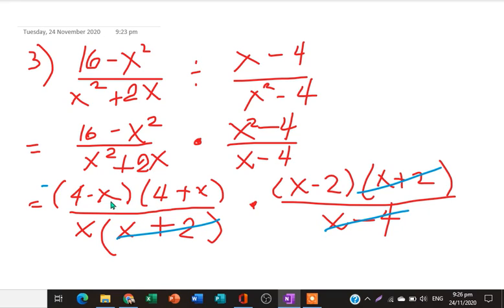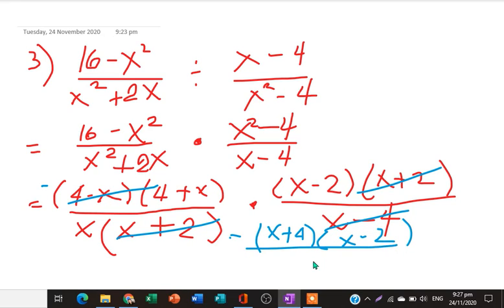So therefore, they are now the same. But we have here a negative sign. So therefore, the answer now is negative x plus 4 times x minus 2 over x. Okay, so that's the answer.